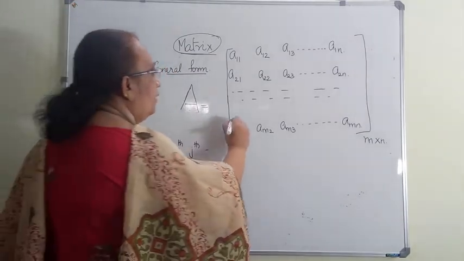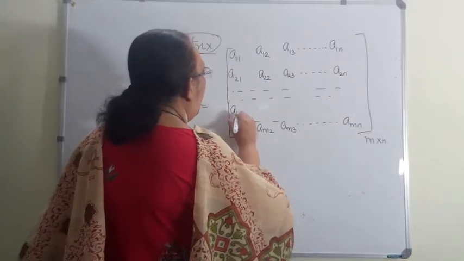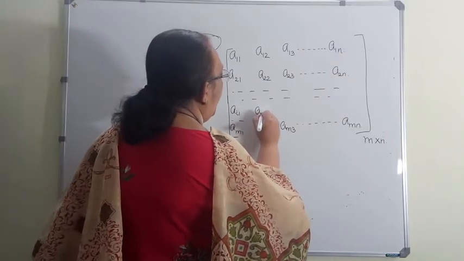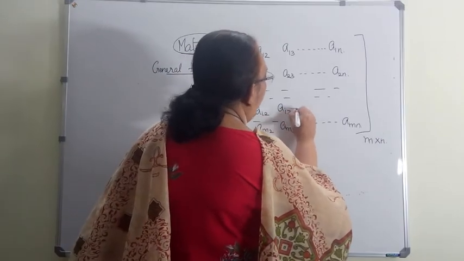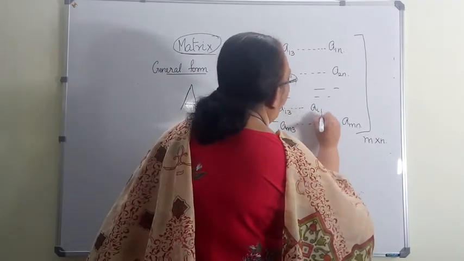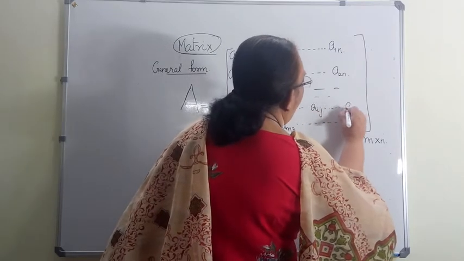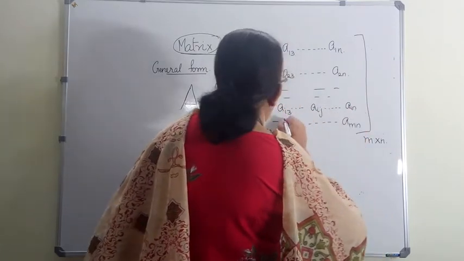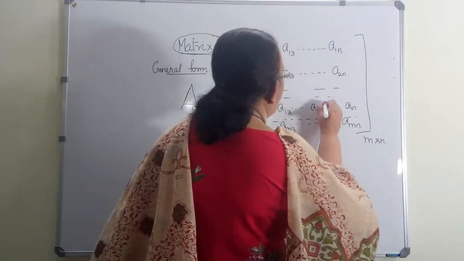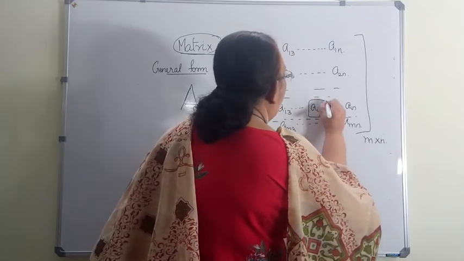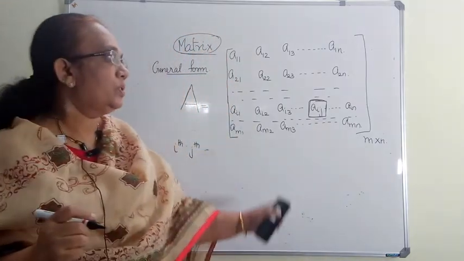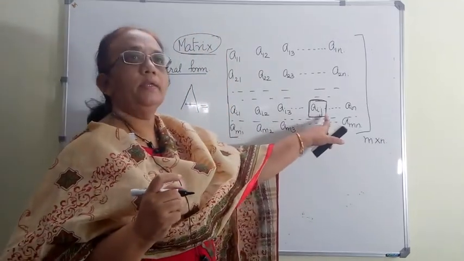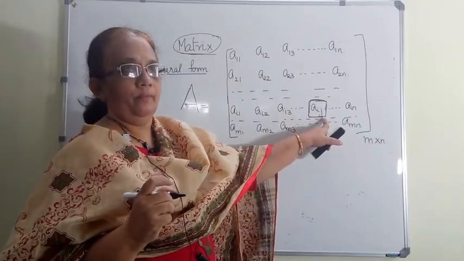So the ith row will be ai1, ai2, ai3, etc., aij, etc., ain, and so on. So this is the general element of the matrix, aij. That means it belongs to the ith row and jth column.